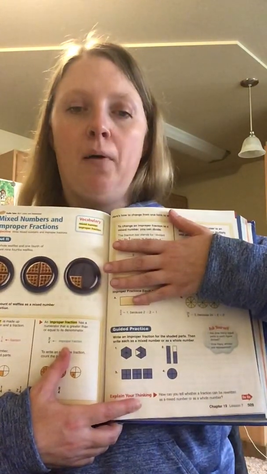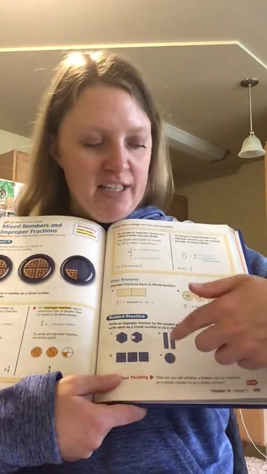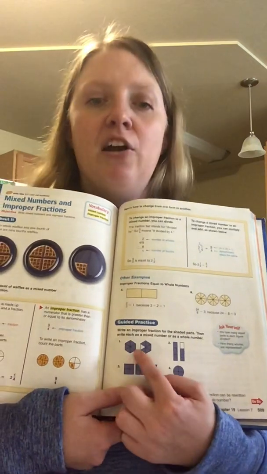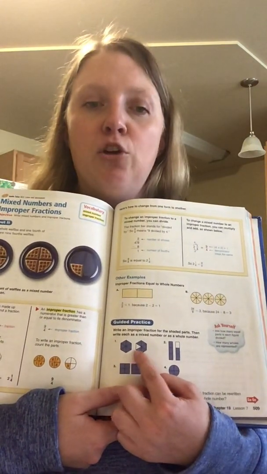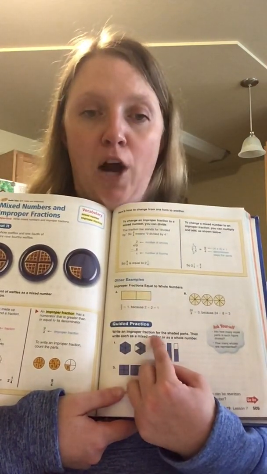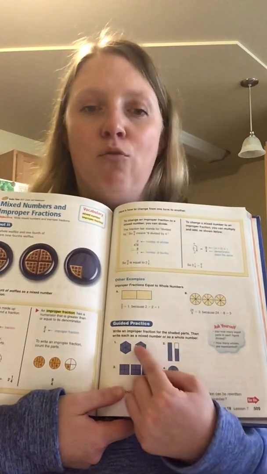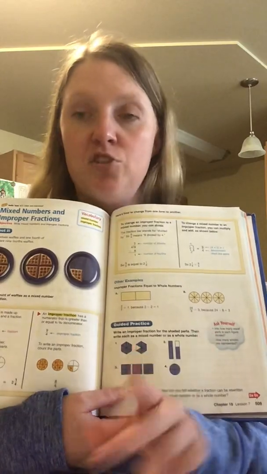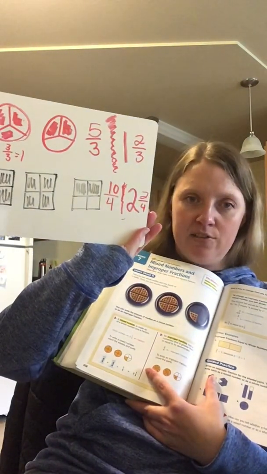We're doing this part tomorrow. But what you're doing today, starting down here, is exactly like I just did on my boards. They're giving you pictures where you first need to write the improper fraction and then write the mixed number. So each problem would have 2 answers, just like on my boards, next to each picture.